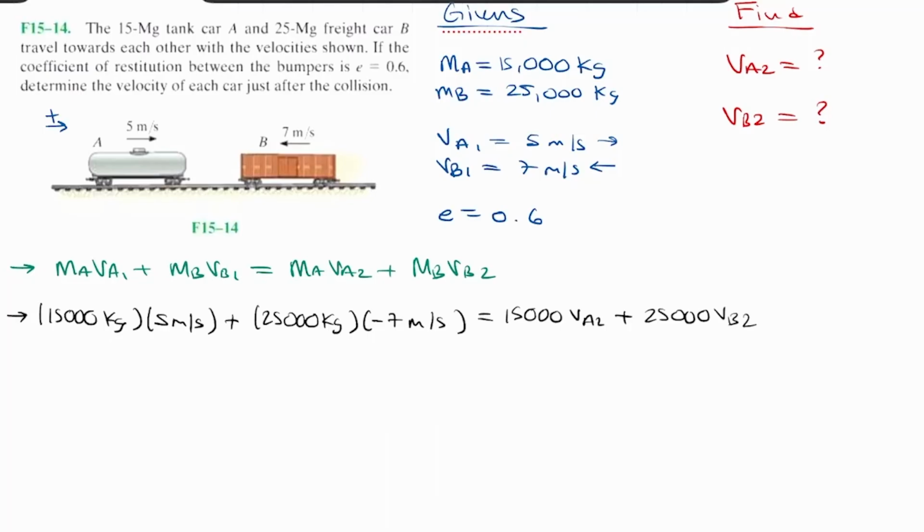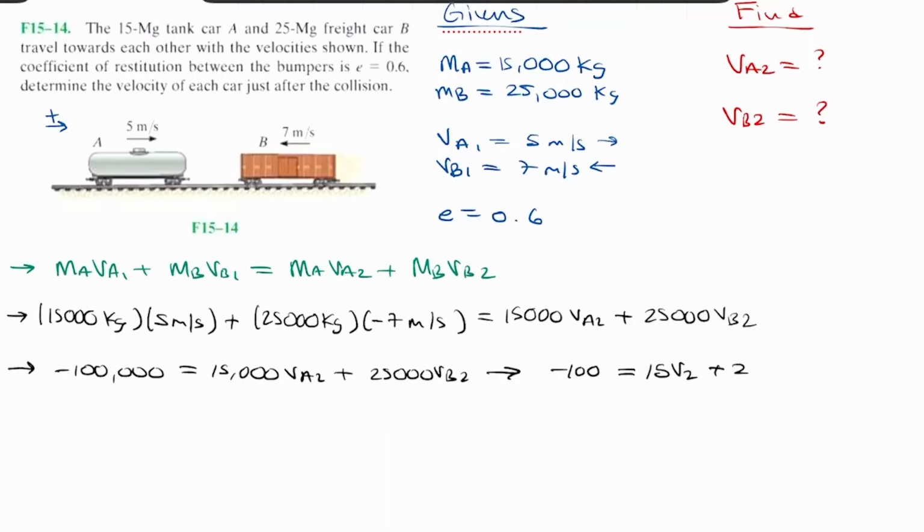So after you rearrange on both sides, you are going to end up with 75,000 minus 175,000, so negative 100,000 equals 15,000 VA2 plus 25,000 VB2, which you can simplify into negative 100 equals 15 VA2 plus 25 VB2. And this is one equation that we're going to be using.